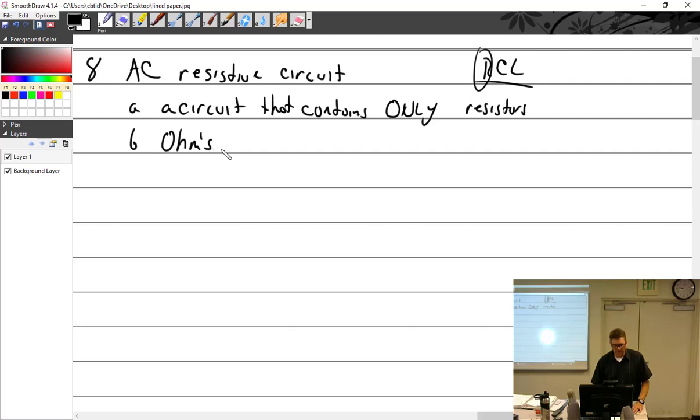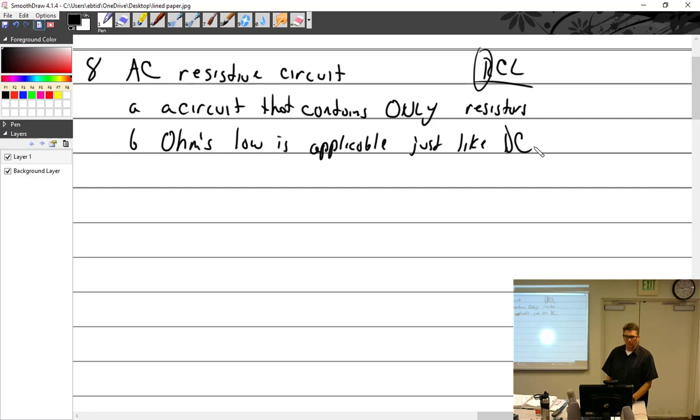Ohm's law is applicable, just like DC. Everything's the same. I could go on all day. Hopefully you get it. Let's do an example.